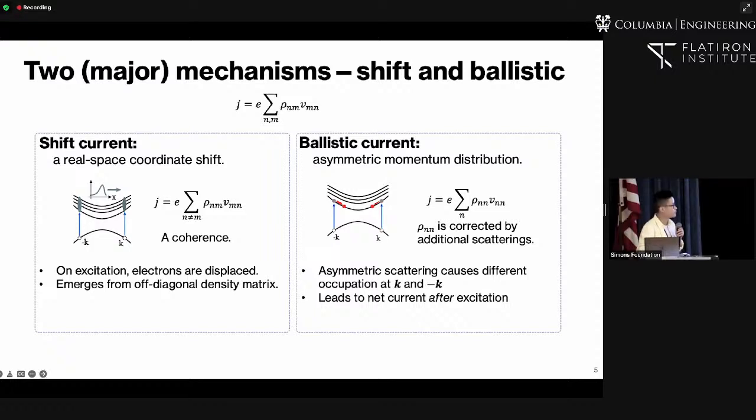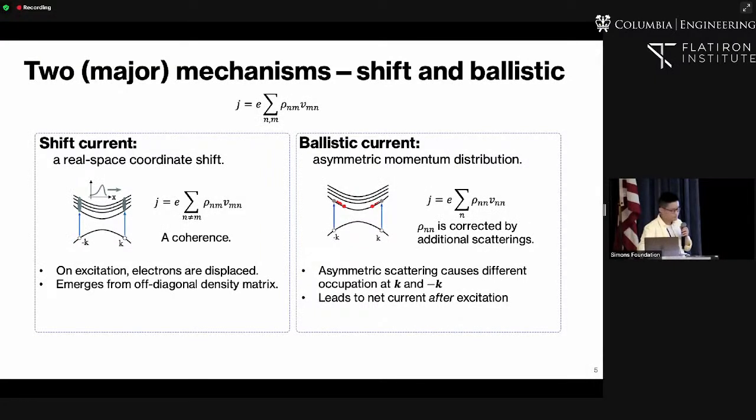This basically means that the number of electrons moving to the right cannot cancel the number of electrons moving to the left, so that there will be a net current. And this current will appear after the photoexcitation, even though the asymmetry of the distribution function will appear right at the photoexcitation. So these are the two major mechanisms that were proposed for the bulk photovoltaic effect.